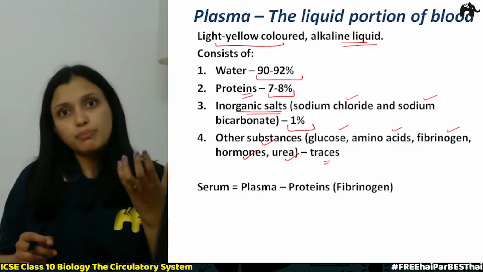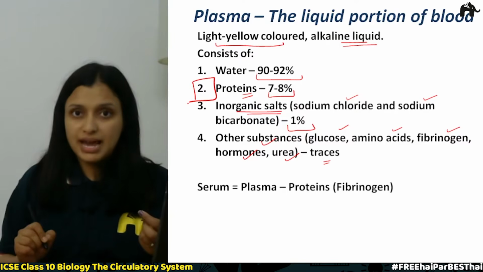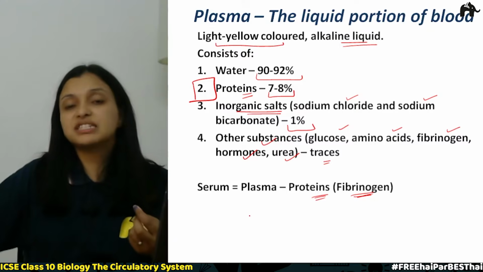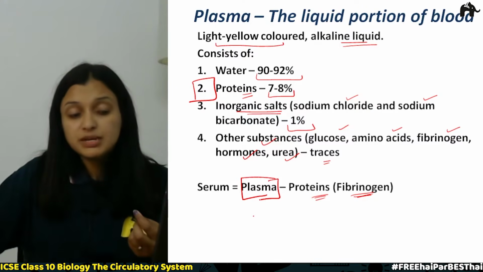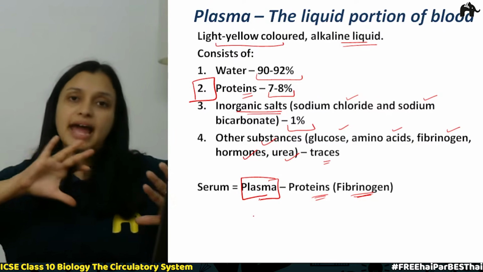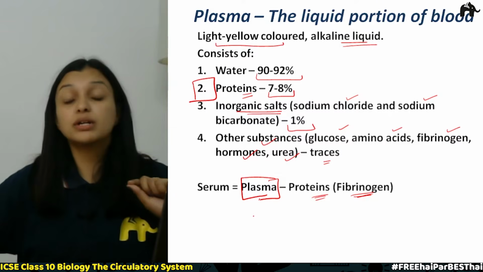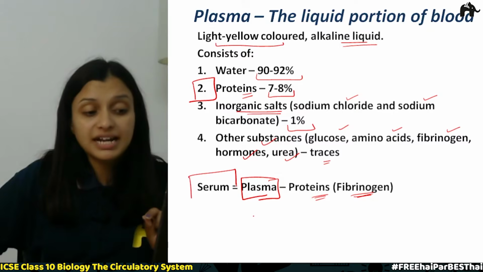If we talk about plasma, and if we remove these proteins from plasma, such as fibrinogen, which are the proteins present inside the plasma, what will we call it? We'll give it another term, that is serum.